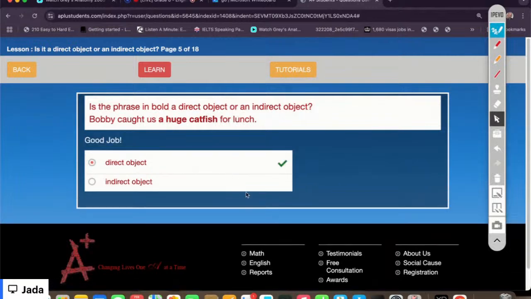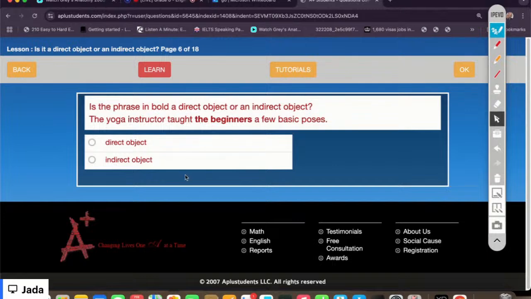Okay, good. So, we have: The yoga instructor taught the beginners a few basic poses.